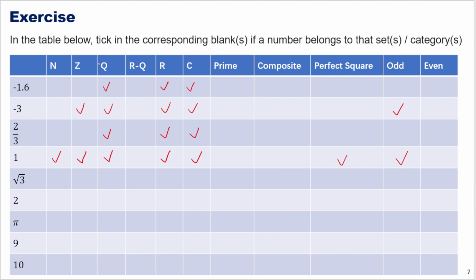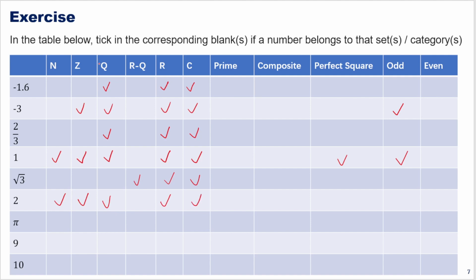Next one, the square root of 3 is an irrational number because it cannot be expressed as a fraction of two integers. So you should put a tick here. Any irrational number is also a real number and also a complex number. Next one, 2. 2 is a natural number, which is also an integer and a rational number, real number, complex number, right?